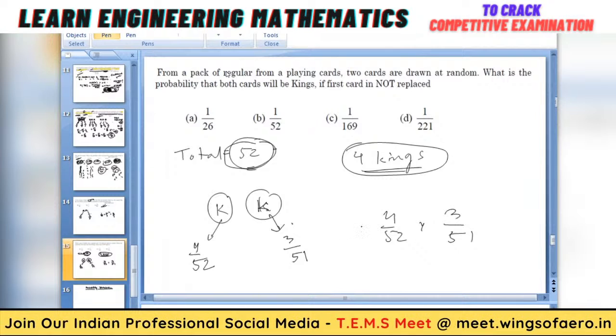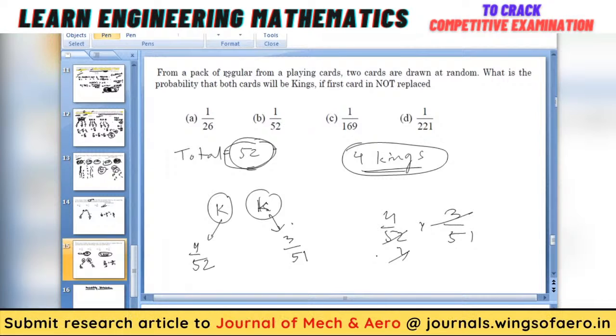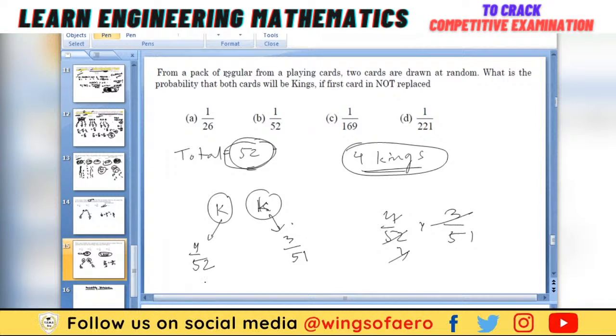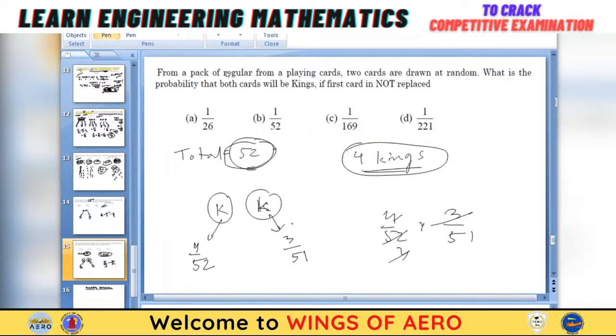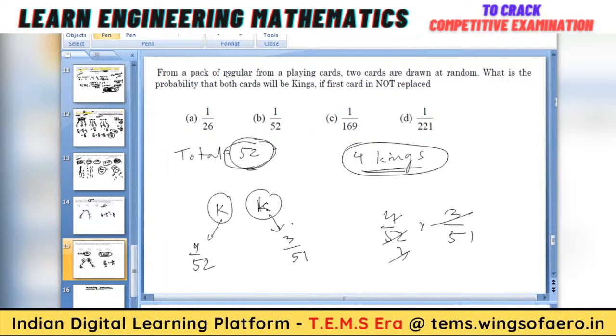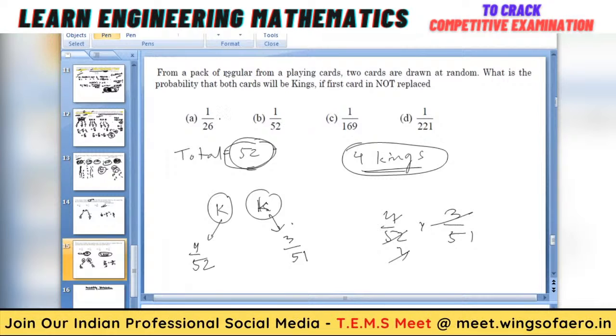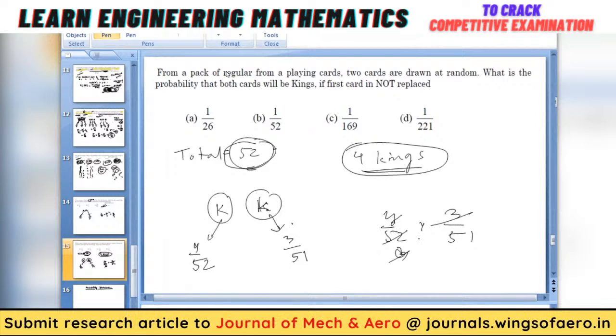Okay, the answer is 1 by 221. If you multiply, it is 1 by 221.